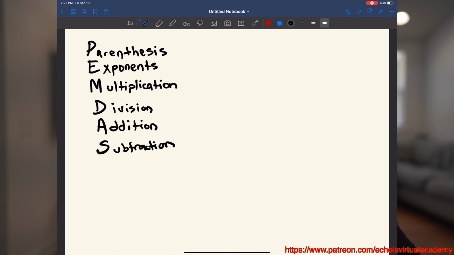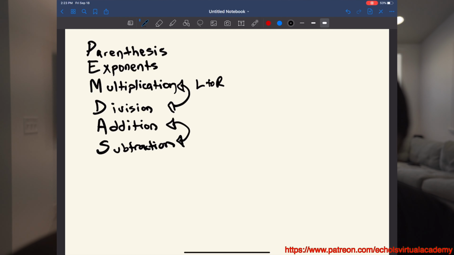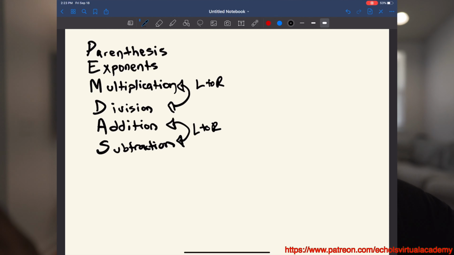But one thing that we don't get taught all the time is how multiplication and division, and addition and subtraction go from left to right. So it depends on the order that those are in. So let's look at a sample problem.